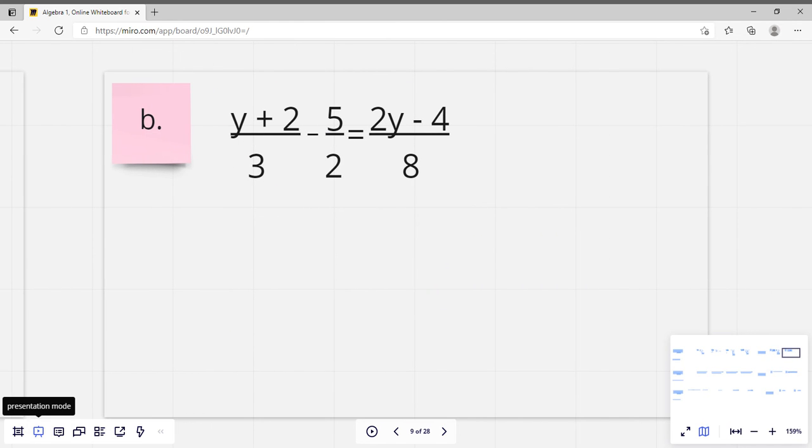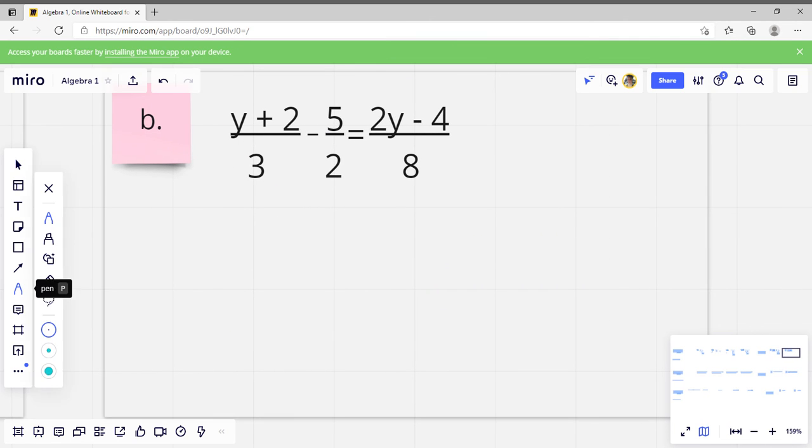B, we're going to do the same thing. 3 times 8 is 24, so we're going to go with 24. 2 will go into 24 as well, so that means that we can use it. And so when we cancel right there, we're going to get 8, and we need to rainbow it. So 8 times y would be 8y. 8 times 2 is 16.